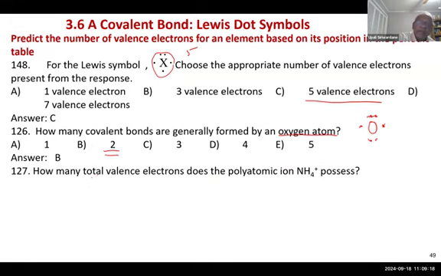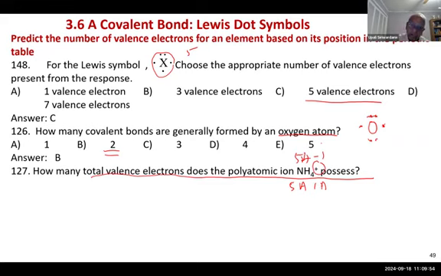How many total valence electrons does the ammonium ion contain? 5 on the nitrogen because it's 5A. 1 on each hydrogen, and there are 4 of them. There's a charge here, a positive charge.